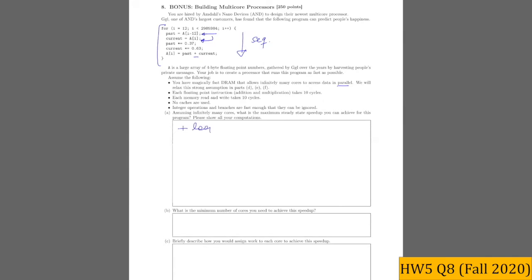The loop body is basically the sequential part of the program.